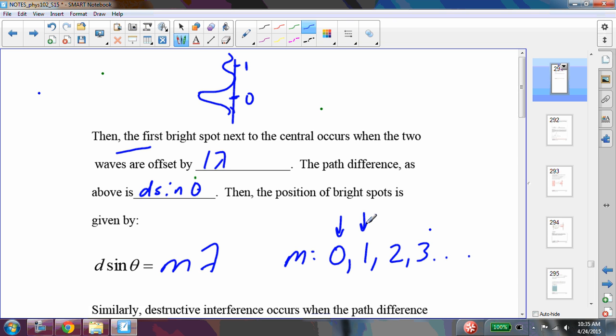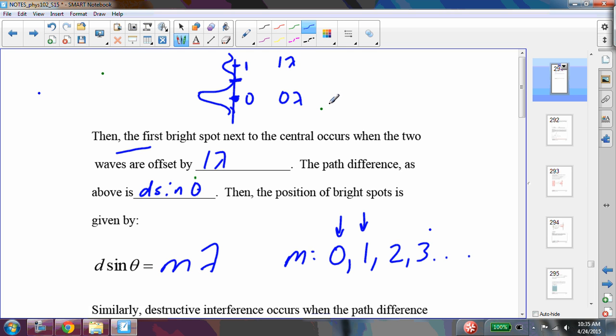Now let's look at the dark spots. That's in between. So right here, for example. Now, the path length difference for two light rays coming here is 0 wavelengths. That's why you get complete constructive interference. Whereas over here, the path length difference between the two light rays is 1 wavelength.